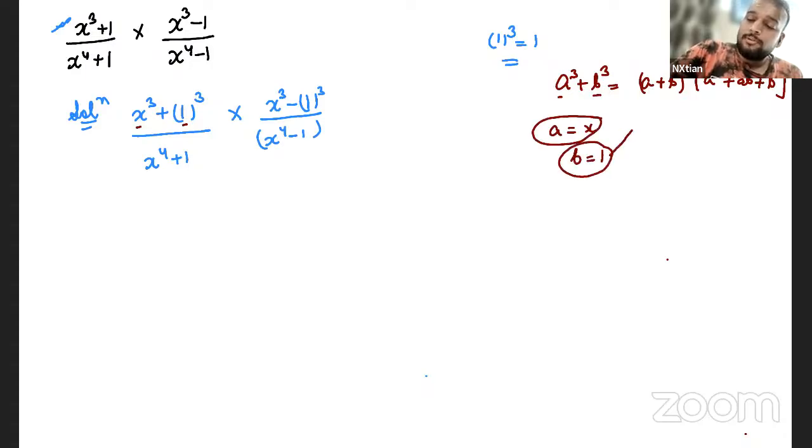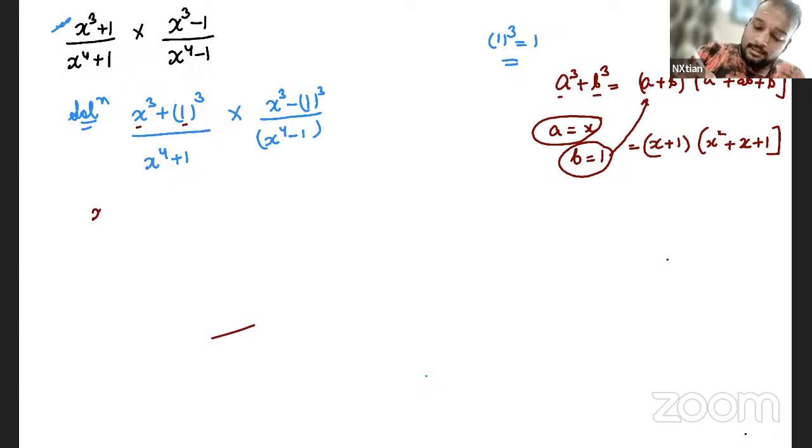So I put the values in, and it becomes x plus 1 into x square minus x plus 1. Understood?